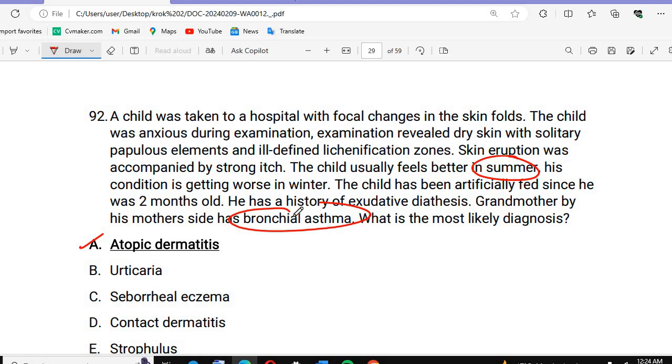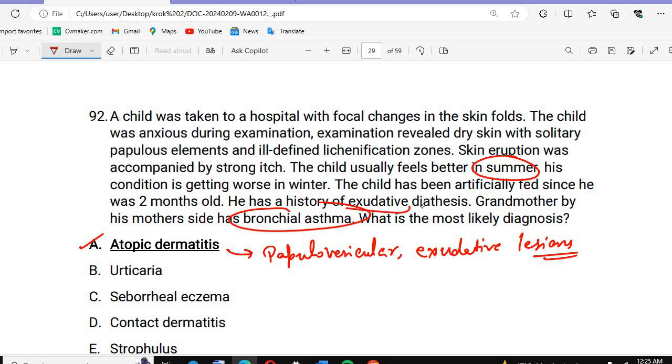For now, just remember the bronchial asthma patient. Along with that, in atopic dermatitis we will have papulovesicular lesions, and exudative lesions will be there. That is seen in atopic dermatitis. So in this question, we can see the patient has exudative dermatitis, along with solitary papules.